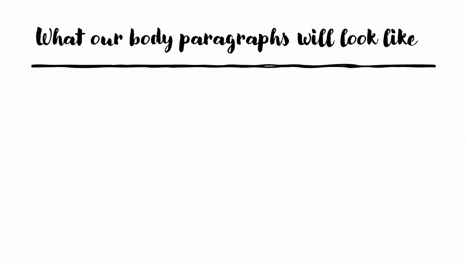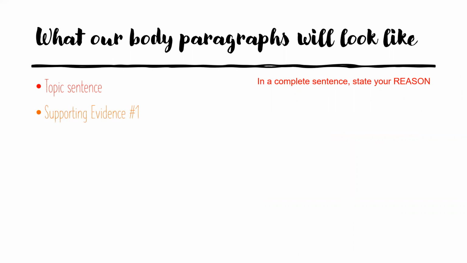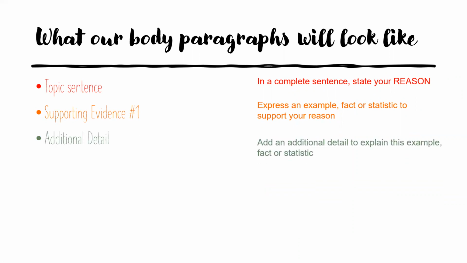So let's review what our body paragraphs should look like. We need to have a topic sentence, and in a complete sentence, state our reason. We need supporting evidence, so we're going to express an example, fact, or statistic to support our reason. Then an additional detail, in our own words, where we explain this example, fact, or statistic.